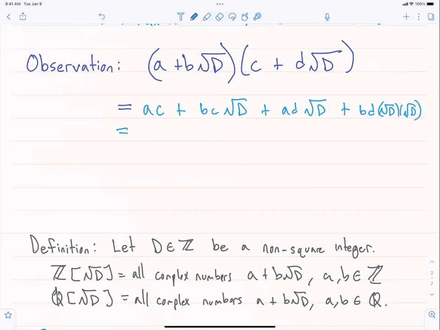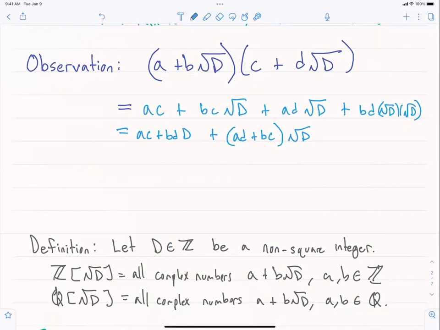If I organize the terms, I have ac, and these two square roots of d, when I multiply them together, I just get d. So I get ac plus bd times d plus ad plus bc times square root of d.